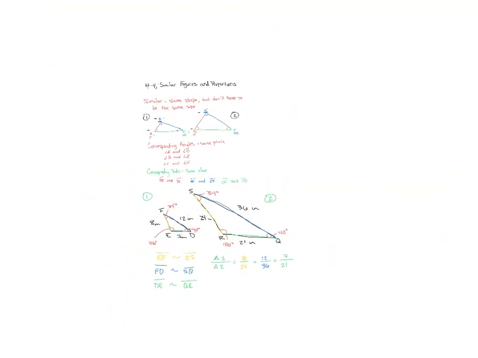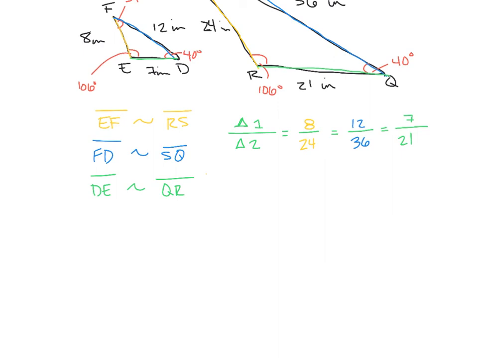So then you simplify, and if you have triangle 1 over triangle 2, 8 goes into 8 and 24 and simplifies to 1/3. So divide by 8, divide by 8. Then you got to think 12 goes into 12 and 12 goes into 36. So you divide each by 12 and you get 1/3.